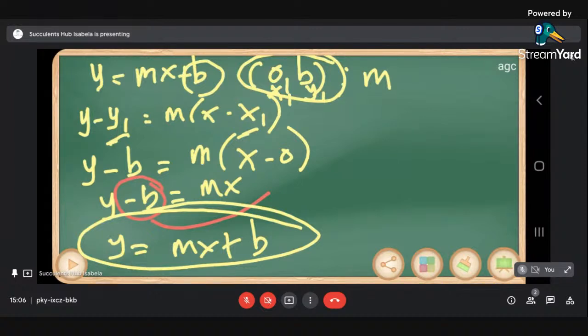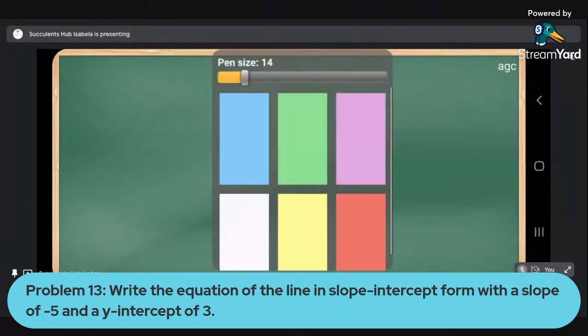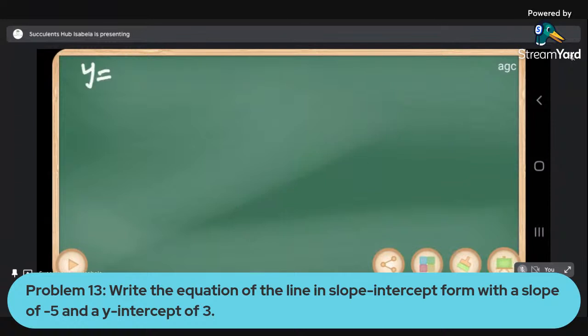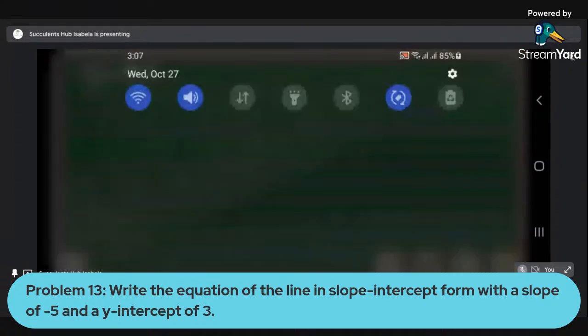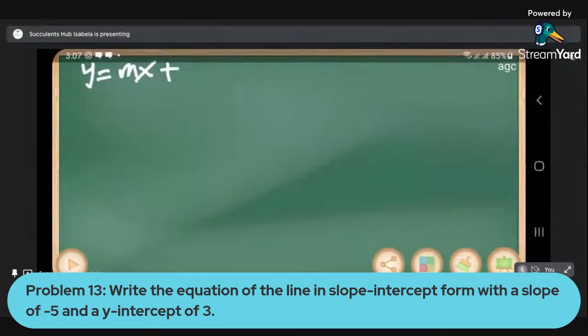Okay, so meron tayo dito, write an equation. Ito, another problem, problem 13. Write an equation of the line in slope-intercept form with a slope of -5 and a y-intercept of 3. So that's very easy, ano? So gagamitin natin yung ating y is equal to mx plus b.